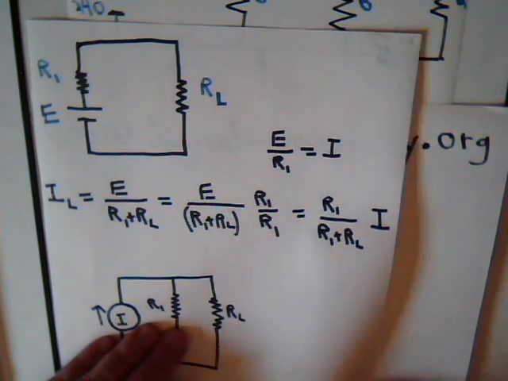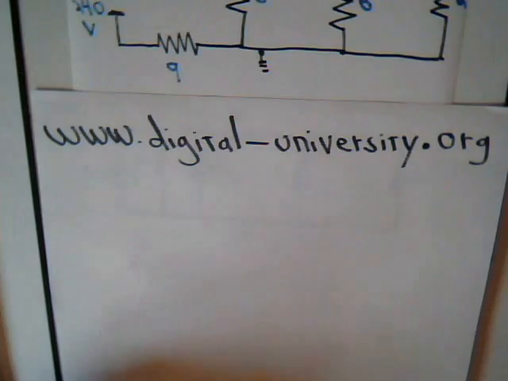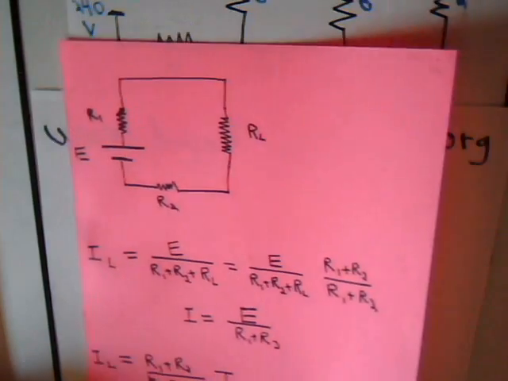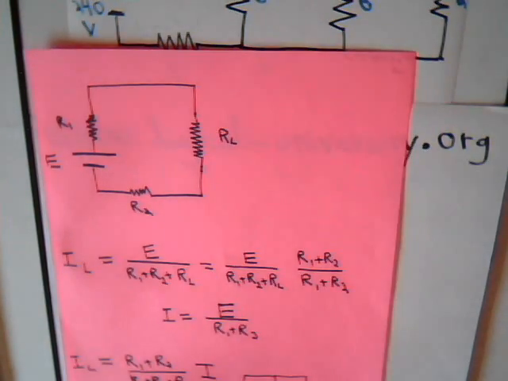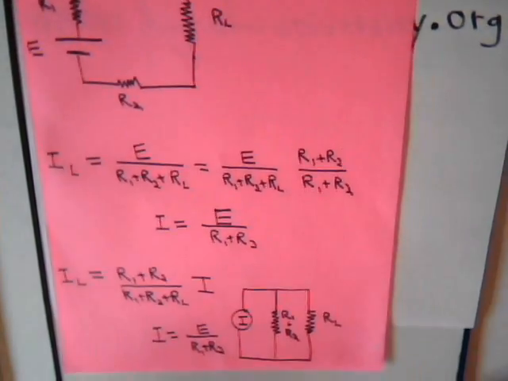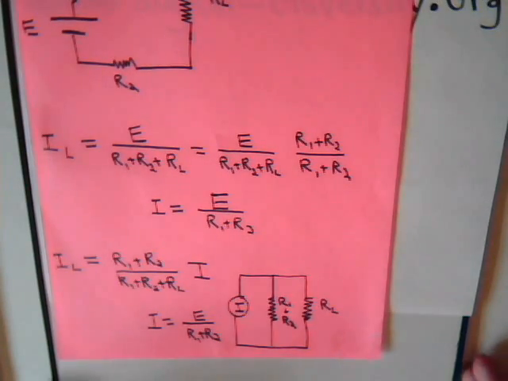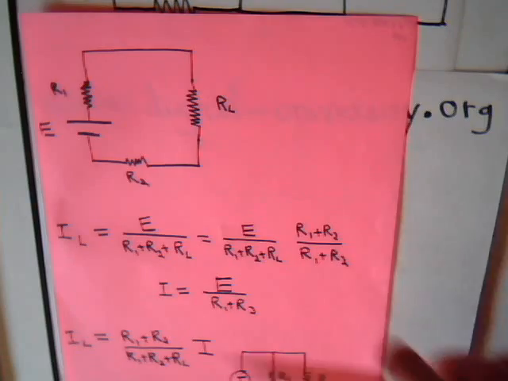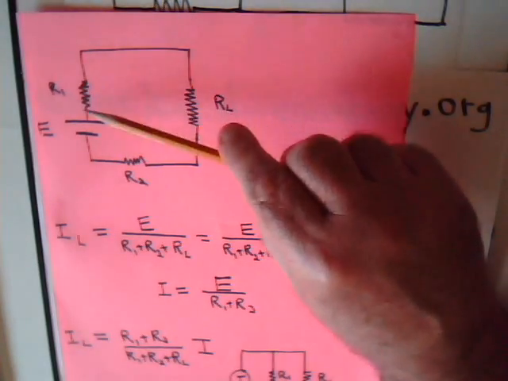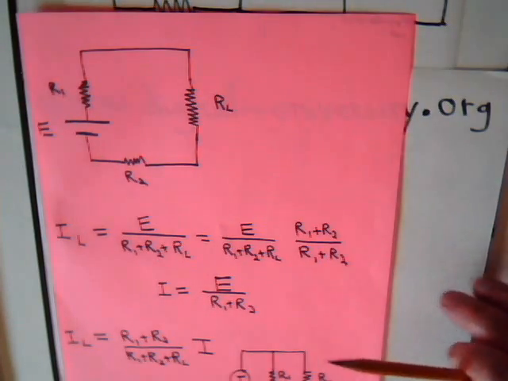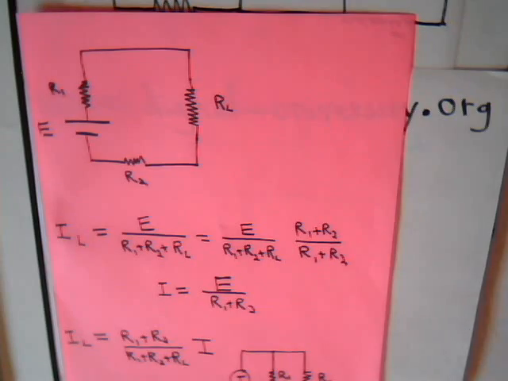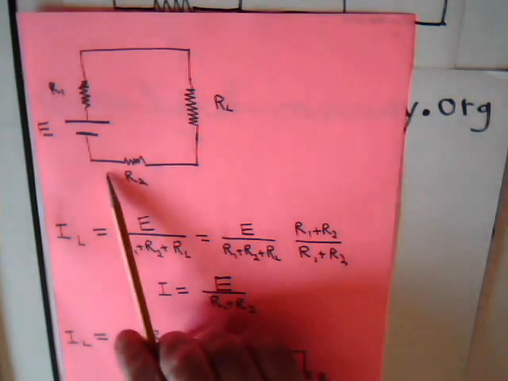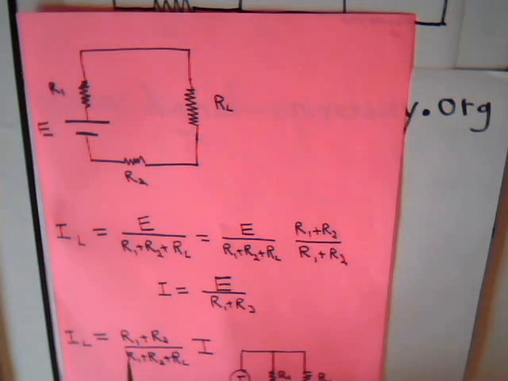Now, here we have in the bottom part a variation of that. Let's go back up to here, where we have the resistor in series with the voltage source as we did before, and here's our load resistor, but now we have another resistor in series.